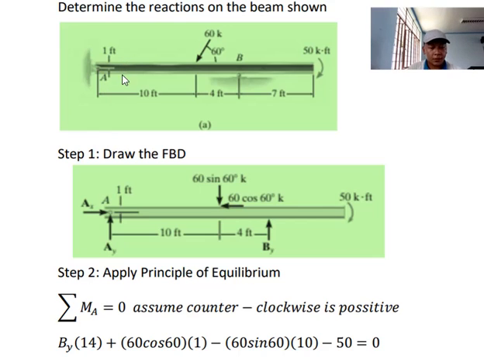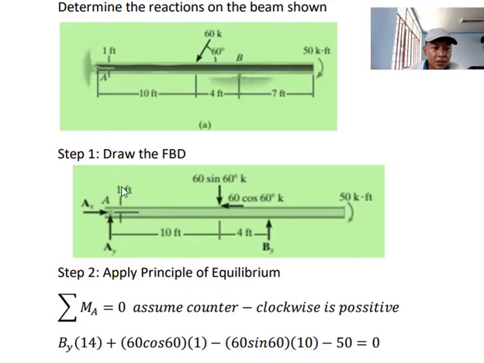The first thing you need to do is draw the FBD or free body diagram to solve the unknown forces. So in this free body diagram, there are three unknown forces or reactions: Ax, Ay, and By.